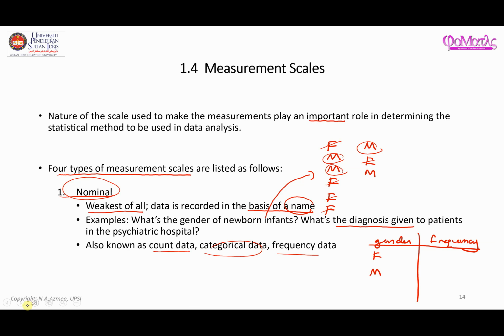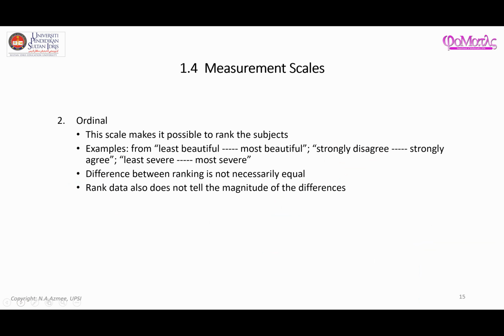Next is the ordinal measurement scale, which makes it possible to rank the subjects. In this case, you are able to see some sort of order in your data set, even though your data set looks like it is on the basis of a name, but that basis has some sort of order to it.